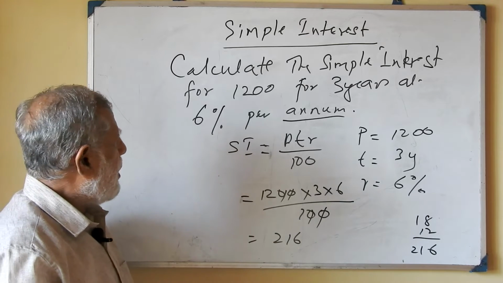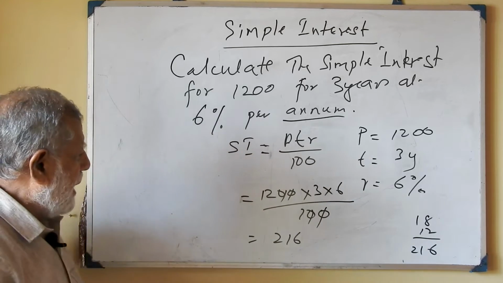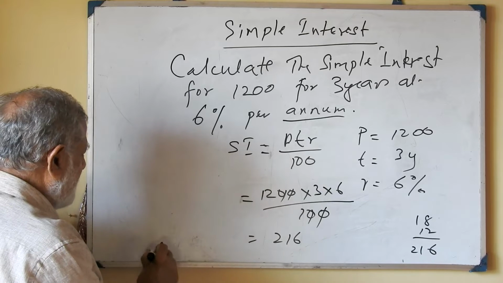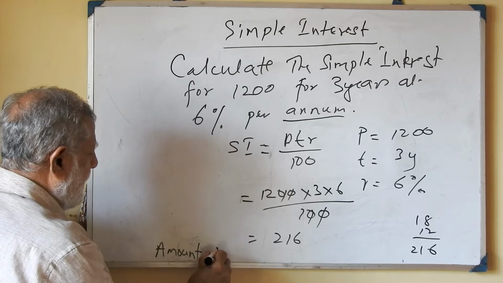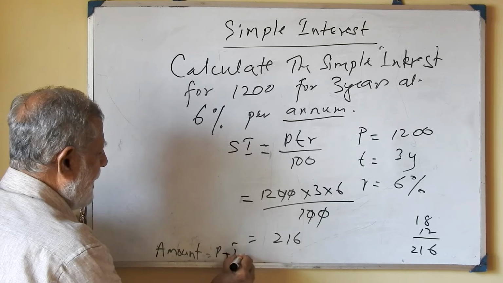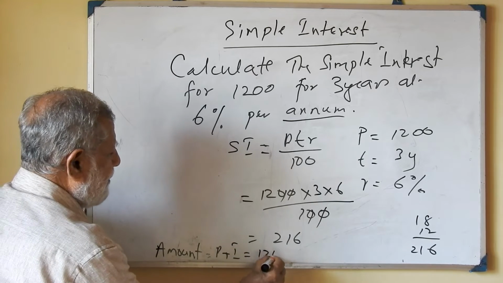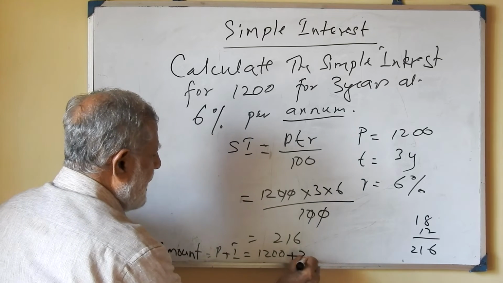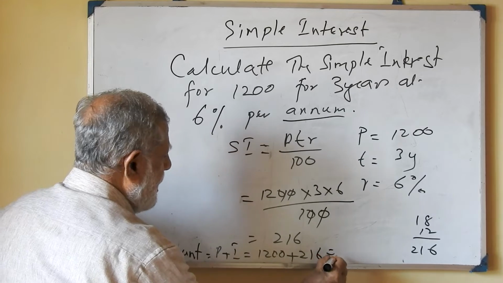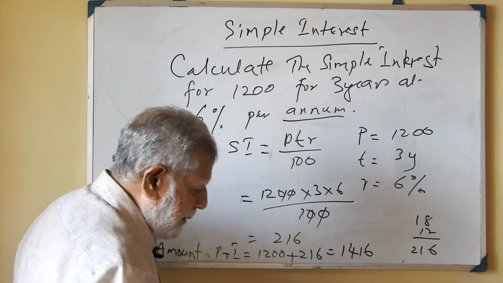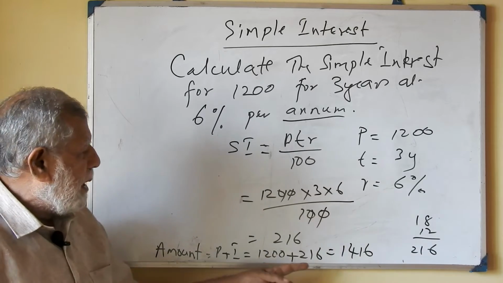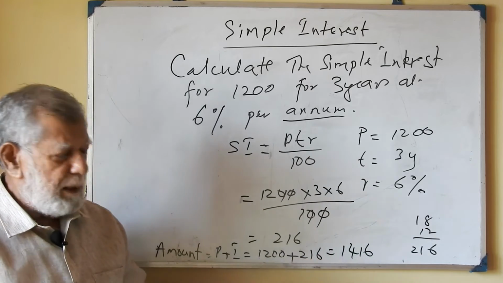So the total amount he had to pay is called amount. Amount means principal plus interest. That is equal to 1,200 plus 216, that is equal to 1,416. So he had to pay in total 1,416 to settle the loan.